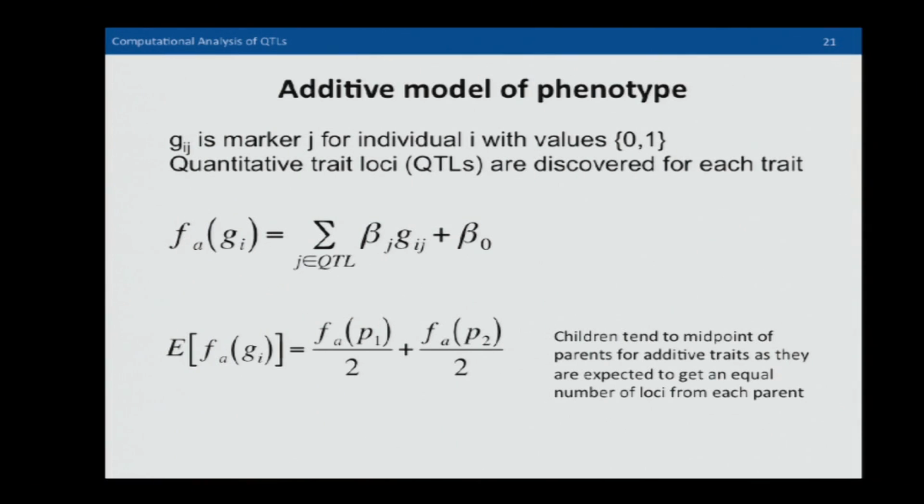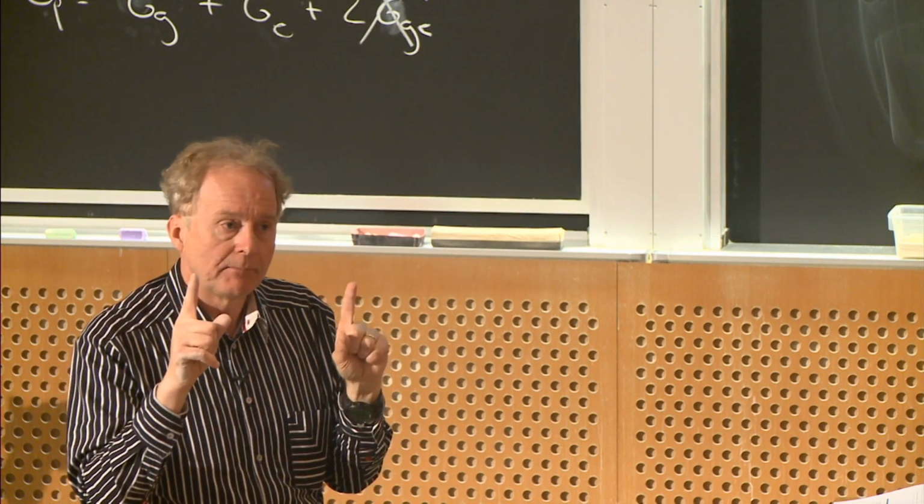Okay? So this is a very simple additive model, and a consequence of this model is that if you think about an F1, or a child of two parents, as we said earlier, a child is going to inherit roughly half of the alleles from mom and half of the alleles from dad.